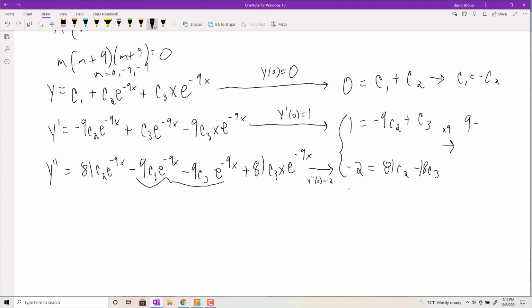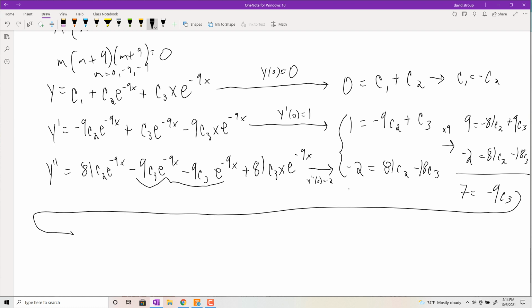So I get 9 equals negative 81 c2 plus 9 c3. And then I have negative 2 equals 81 c2 minus 18 c3. Add those column-wise, so I get 7 equals 0 minus 9 c3. And then I get c3 is negative 7 ninths.